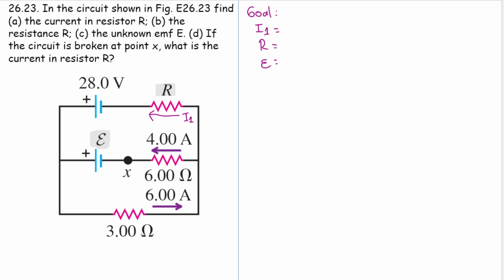Let's look at this node here and name it node A. We can apply the junction rule, not the loop rule, the Kirchhoff junction rule.